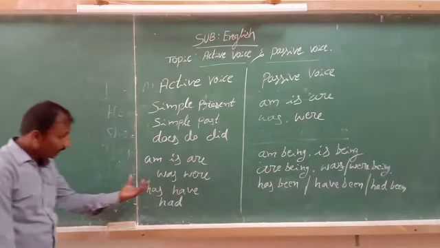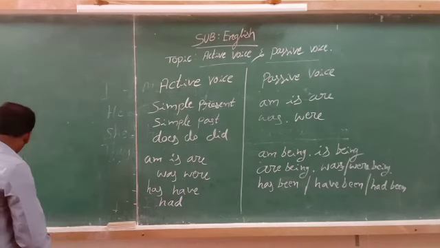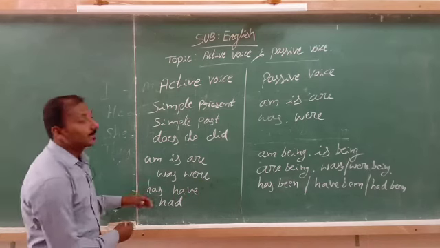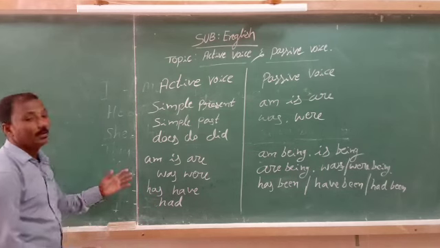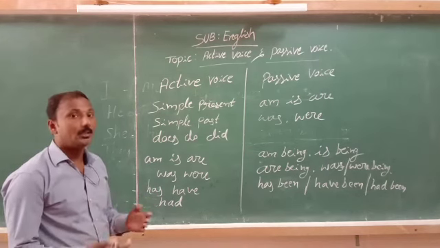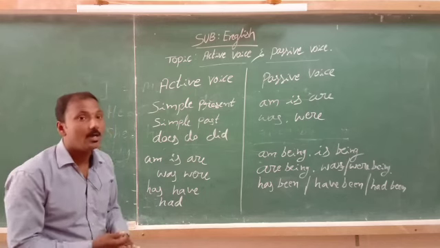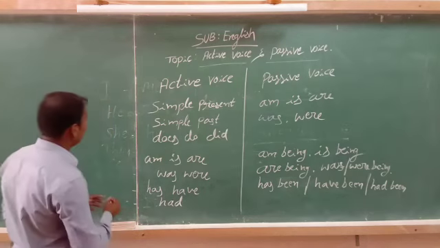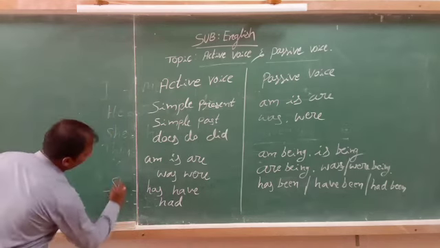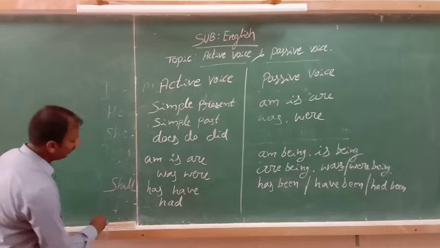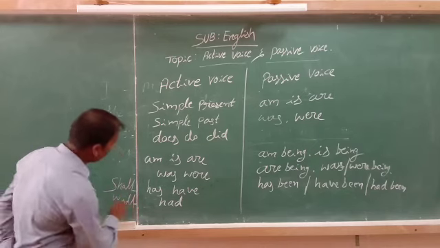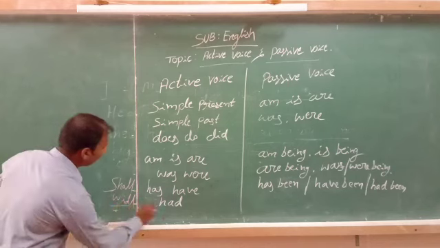So suppose the sentence has modal auxiliaries like shall, will, should, can, could, may, might. These are the secondary helping verbs, or modal auxiliaries: shall, will, would, or any kind.